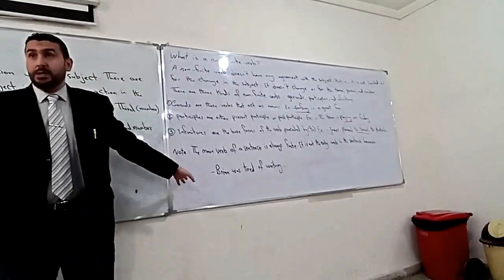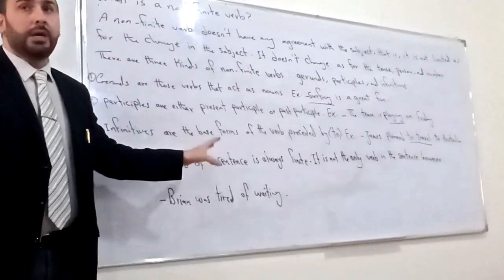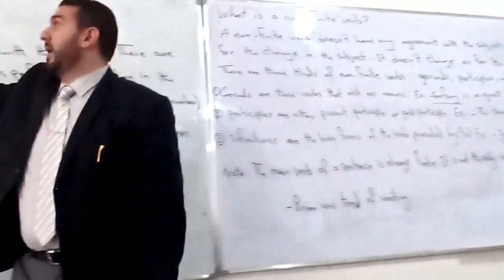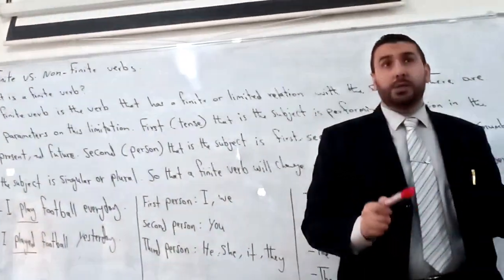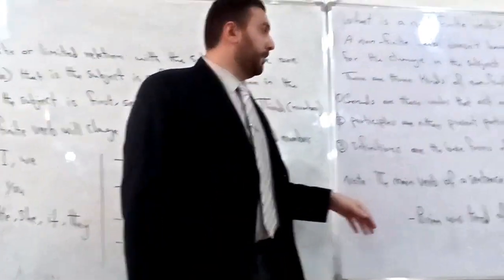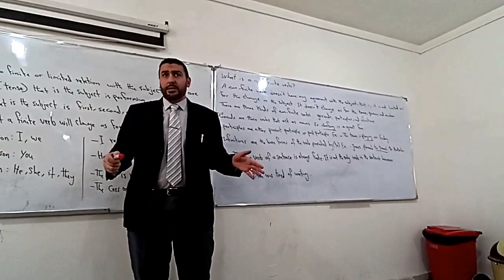Put it in mind, this is a very important note: the main verb of the sentence is always a finite verb. The main verb in any sentence is always a finite verb. It is not the only verb in the sentence, however.